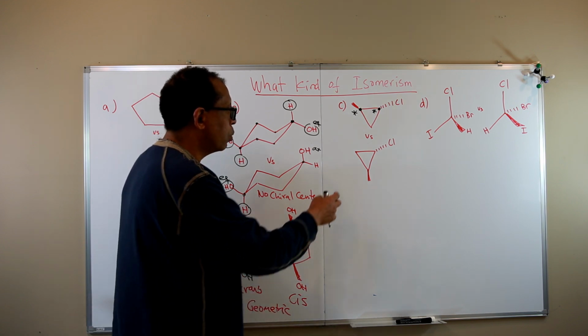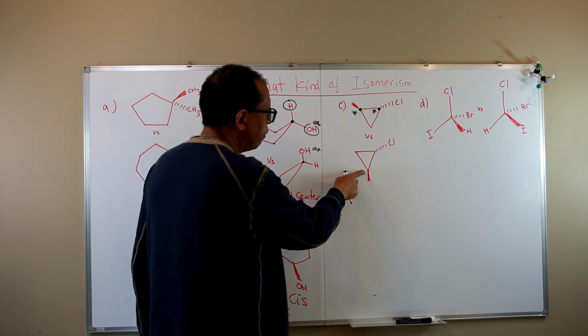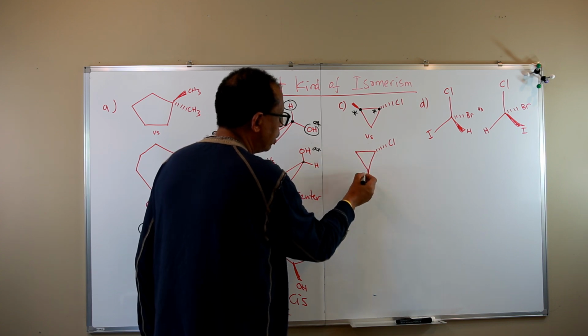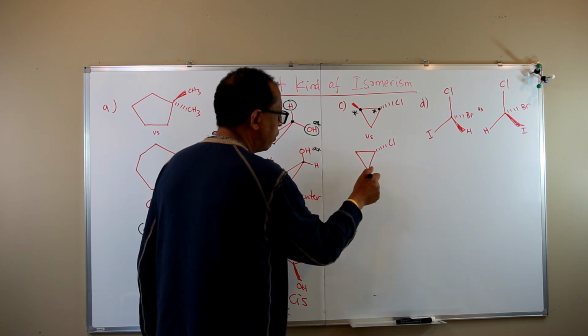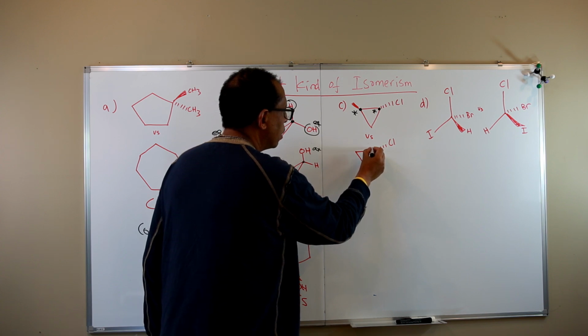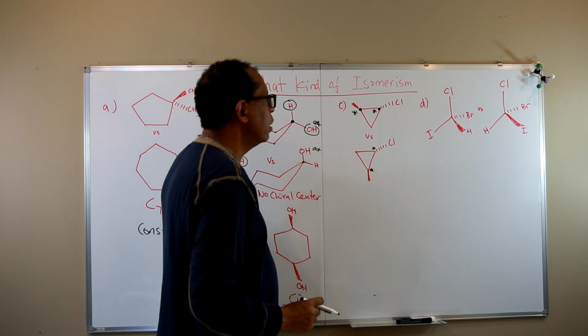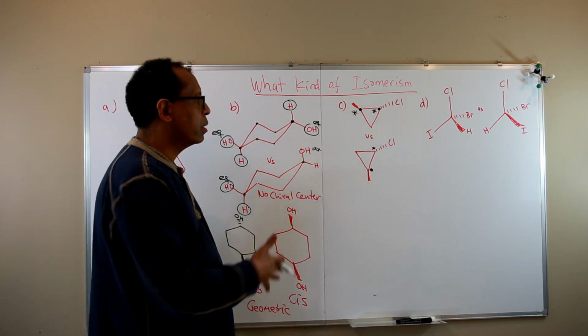Obviously, on this one, you have this whole thing, and hydrogen here is into the plane of the board. So this is a stereogenic center, and this is a stereogenic center. But how are they related?